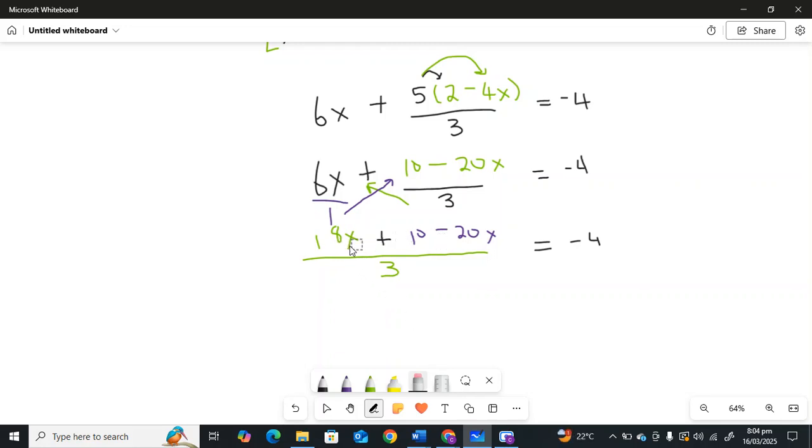So like terms, 18x minus 20x gives you negative 2x, plus 10, this 10 still stays the same, over 3 equals negative 4.